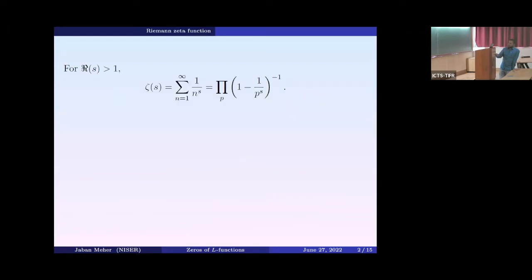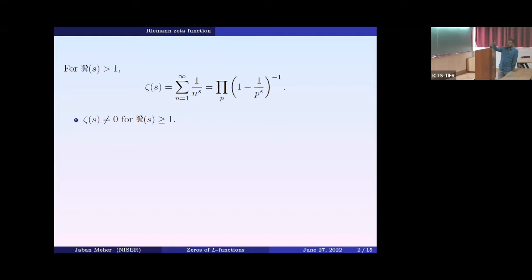So we begin with the Riemann zeta function. This is the usual Riemann zeta function we know, and for real part of s bigger than 1 we have the Euler product, and this is the definition. And we know that this is non-zero for real part of s bigger than or equal to 1.